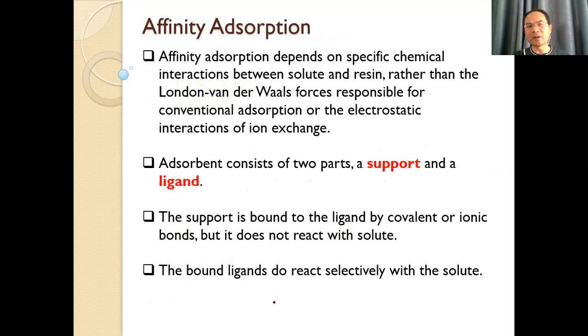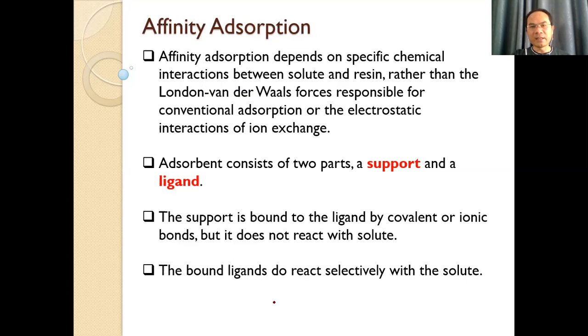This is the example of the ion exchange isotherm. Please note that in ion exchange adsorption, the surface of the adsorbent is modified with cations or anions, and we interchange between the ions.